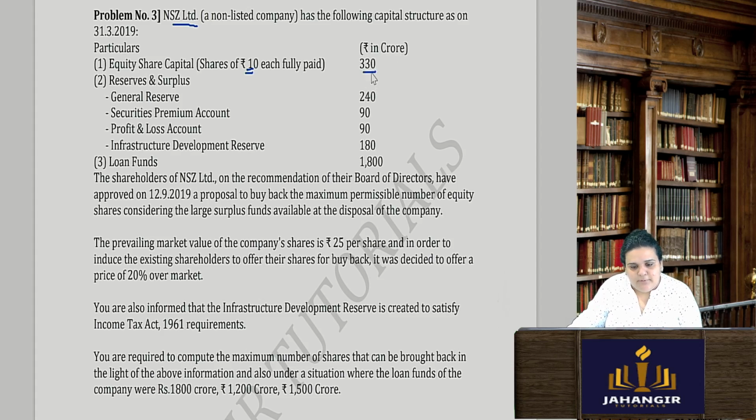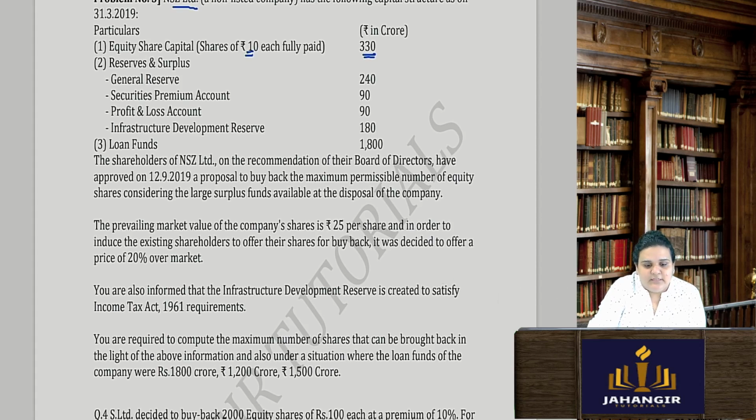We will take this amount as 330 crores. In reserves and surplus, we have general reserve 240, securities premium account 90, profit and loss 90, and infrastructure development reserve 180. Loan funds, bank loan, is 1800 crores.